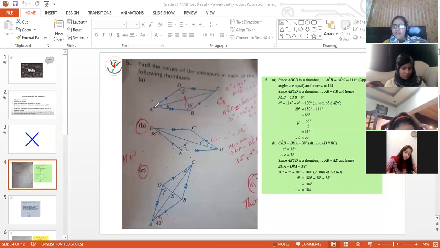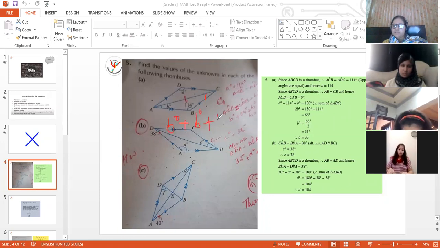So if AB is equal to BC, then the connecting angles will also be equal. If AC is equal to AB, then if this is b degree, this will also be b degree. Angle C will also be b degree. So b degree plus b degree plus 114 degrees is equal to 180 degrees. Is this clear?